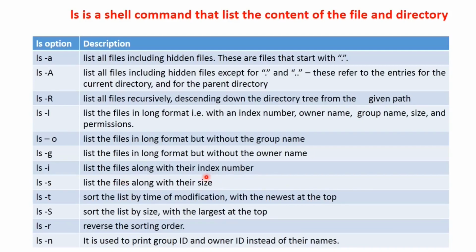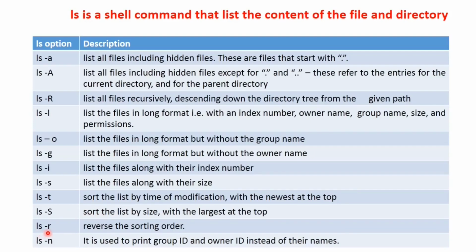If you want to know the index number or inode number of a particular file or directory, you can use the option -i. The next, -s, lists the files along with their size.